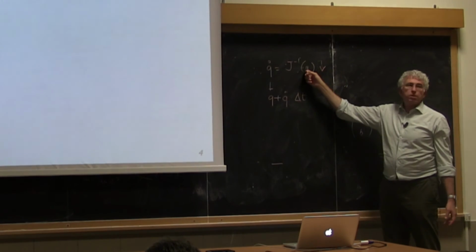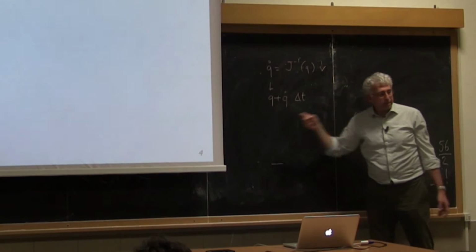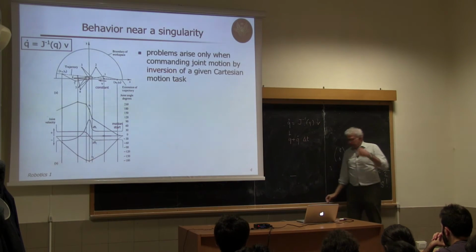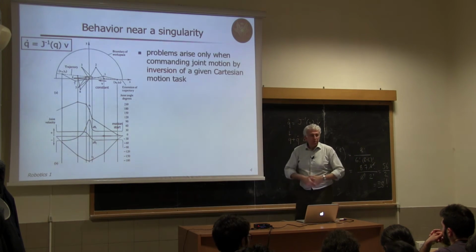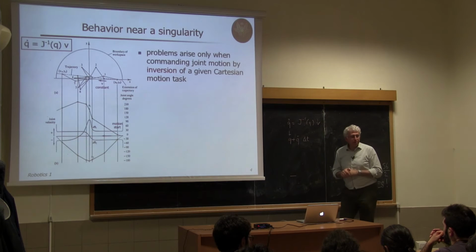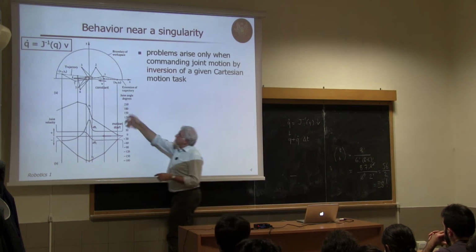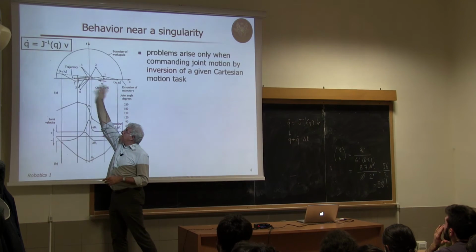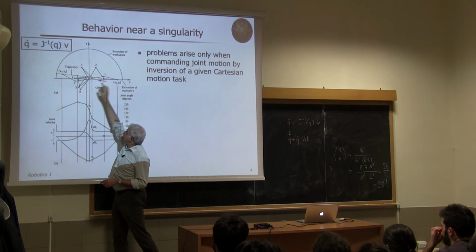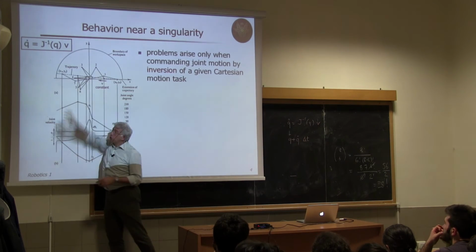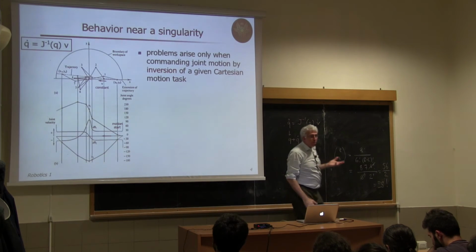Then you put this new configuration here, you take the new value of V, and you repeat this. So you can imagine this discretizing time with some sampling of 1 millisecond or 1/10 of a millisecond, whatever. Okay? So when I'm generating the joint motion, by choosing a sequence of velocity in the joint space from this formula, and when I'm getting closer to the singularity, I have a problem of inversion of the Jacobian. Okay?